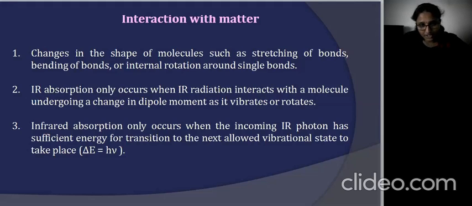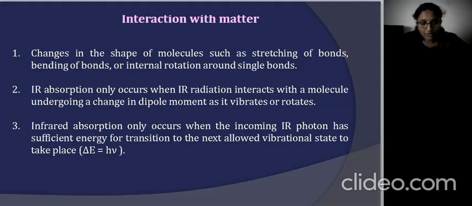IR absorption occurs only when the incoming IR photon has sufficient energy for the transition to the next allowed vibrational state to take place. So if rules 2 and 3 above are not met, no absorption can occur.